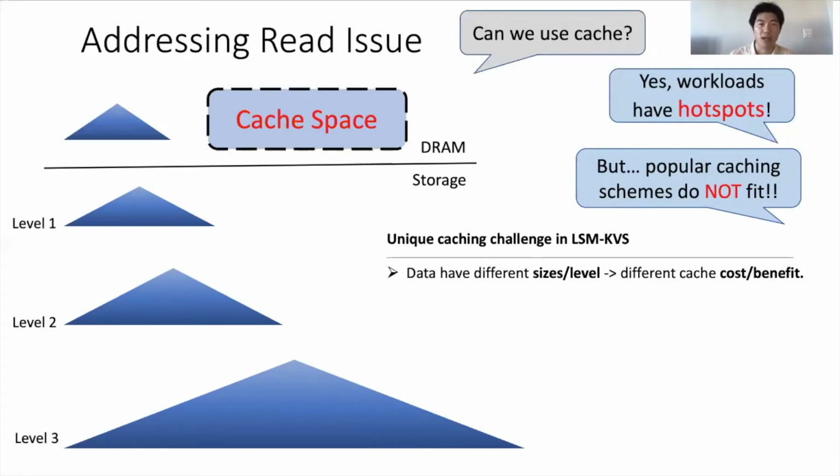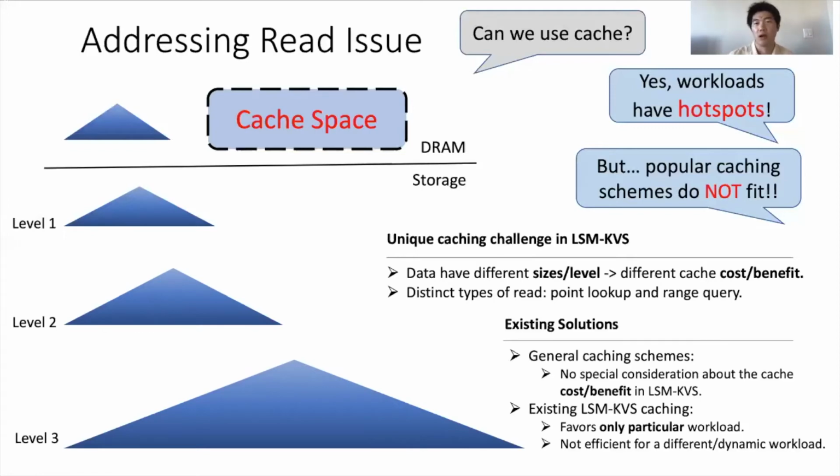One key-value pair can be much larger than another key-value pair. It may reside in a different level of the hierarchy, so the cache cost and benefit are different. Also, there are distinct types of reads, meaning point lookup and range query, which have very different requirements on the caching items.